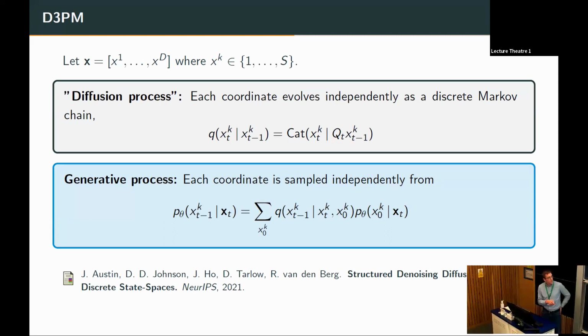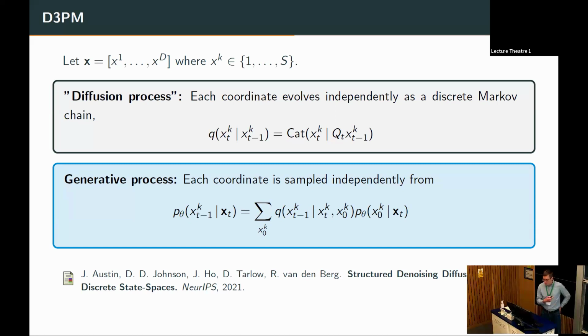So we observe xt, and we try to predict the probability over x0. And given that, we can work out what the probability of xt-1 is. Here we actually marginalize over the x0, so we don't just plug in the point prediction, and we do this one coordinate at a time. So there's of course still an approximation here.